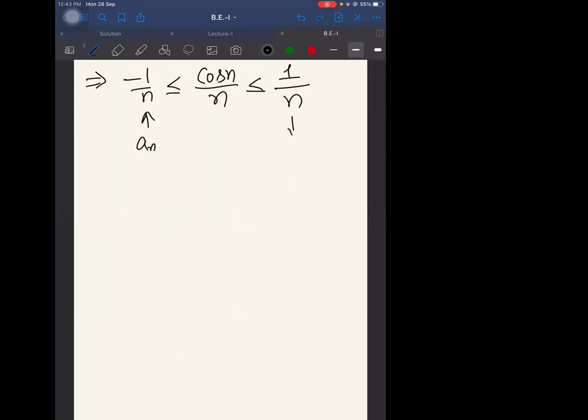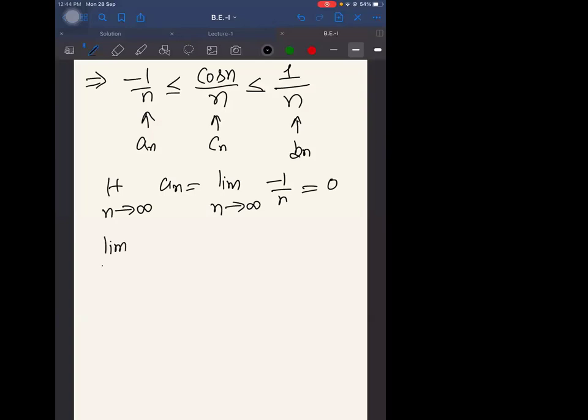This is your an, this is your bn, and this is your cn. Now if you take limit n tends to infinity an, that means limit n tends to infinity -1 by n, this will come out to be 0.